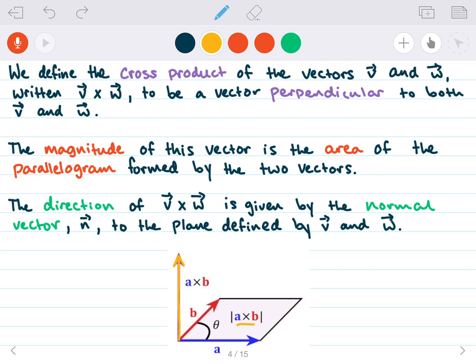This is a cross b, this vector right here, perpendicular to both a and b. As you can see, if you look at it from the front, here's the perpendicular to a, and if you look at it from the side, here's the perpendicular to b. So that vector is perpendicular to both of those, and the magnitude of that yellow vector up there is going to be the area of this parallelogram formed by vectors a and b.